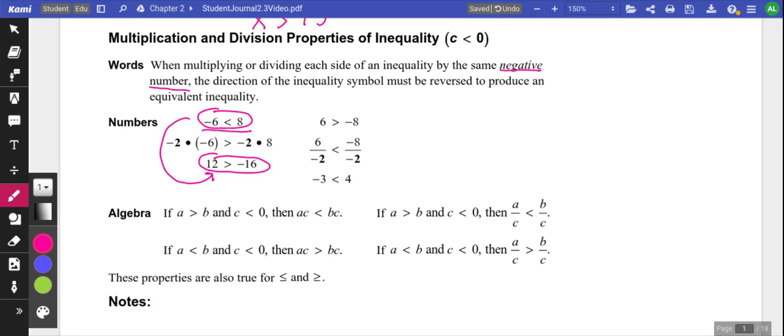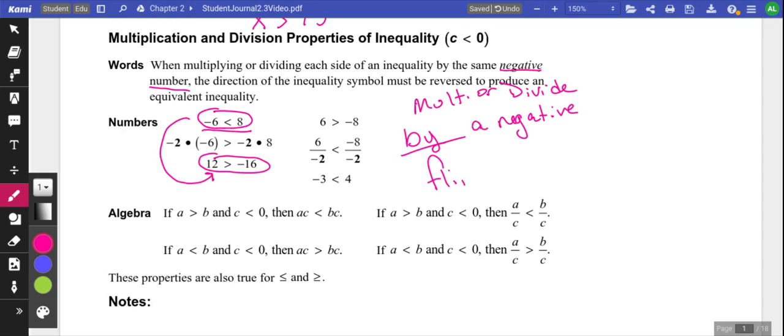If knowing the why doesn't help, just always remember: multiply or divide by a negative. It doesn't matter if the number that you are multiplying or dividing is negative or not. You have to be multiplying or dividing by a negative number. Okay, you're going to flip your sign.